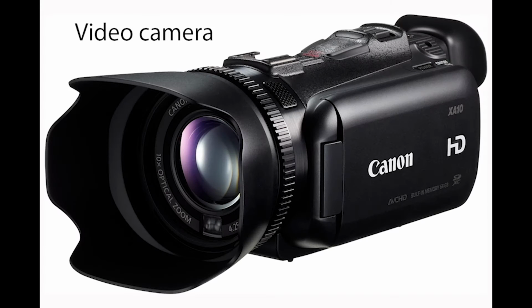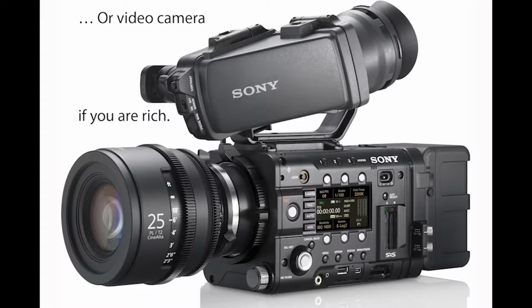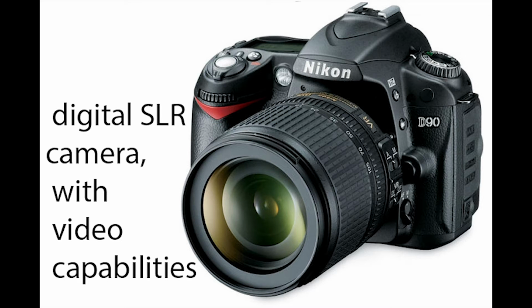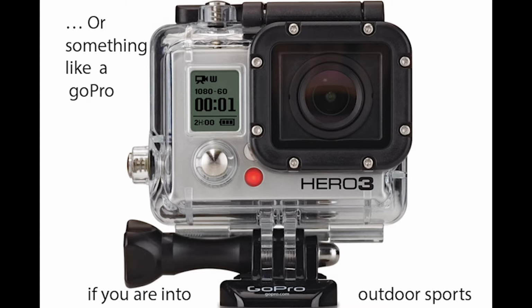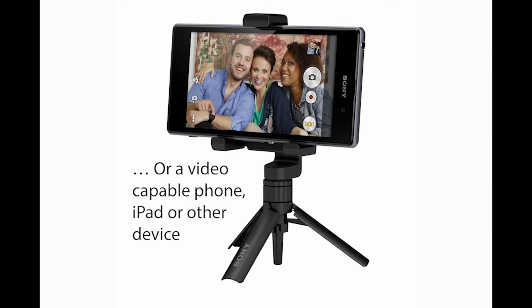One would be your own video camera, and you could get a very expensive one, or you could use a digital SLR, making sure that it has video capability, or even a lower end video capable camera. If you're into sports, you might try something like a GoPro, which is a very fun camera to have. Or I suppose most of you probably have a cell phone or smartphone.